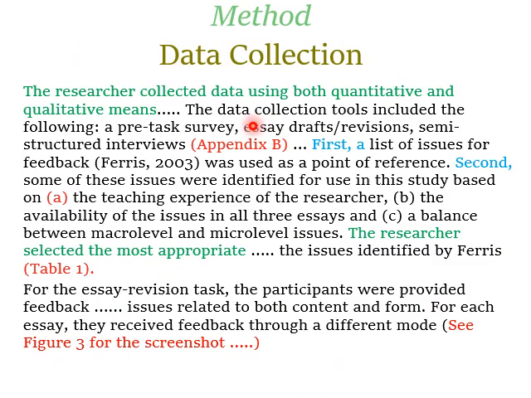Next part is the data collection. In the data collection here, you notice from the first sentence, we can tell what he's doing. The researcher collected data using both quantitative and qualitative means. So we know what they're doing, how they are collecting the data.